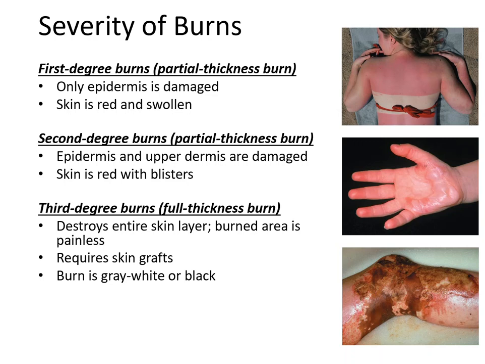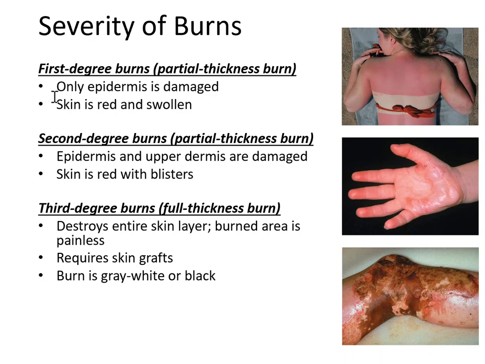And the danger of getting a burn is that when you get burnt, you are exposing blood vessels to the atmosphere, and evaporation from these blood vessels can happen, and you essentially lose water really quickly, and the dehydration could lead to shock.